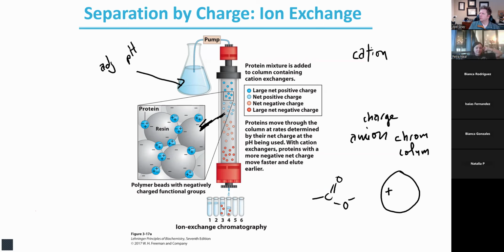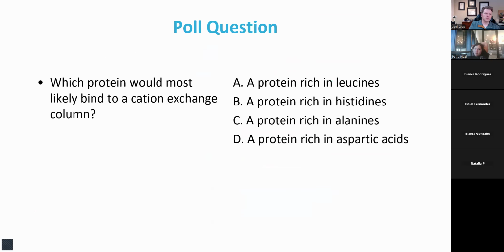Now I've got a poll question that I'm about to share with y'all. It's on the next slide right here. The question reads, which protein would most likely bind to a cation exchange column? Remember, a cation exchange column is a cation column.